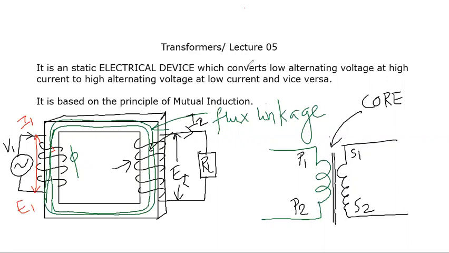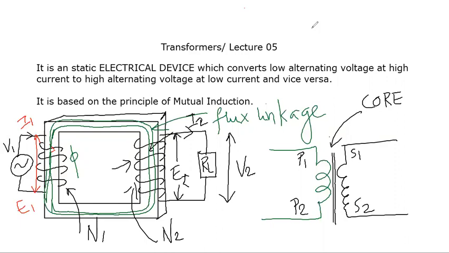And this I2, that is I into R, will give us a voltage output. Let me call it V2. Also, the number of turns of the primary will be called N1, and the number of turns of the secondary will be called N2. The amount of magnetic flux linked with the coil depends on the number of turns of the coil as well.